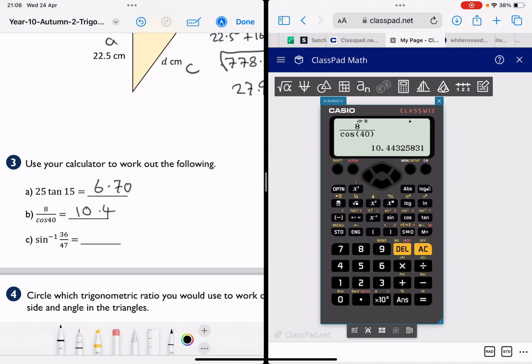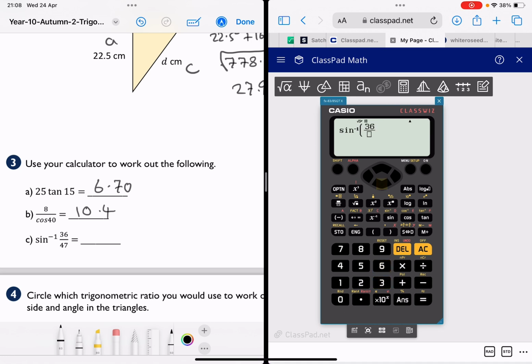10.4 in this case. And finally, we've got the inverse sine, that's sine to the power of minus 1. To get that, you have to press Shift and then press the sine button, and that gives you sine minus 1. You use this to find angles, then press the fraction button on the left-hand side, and then get your 36 on the top.